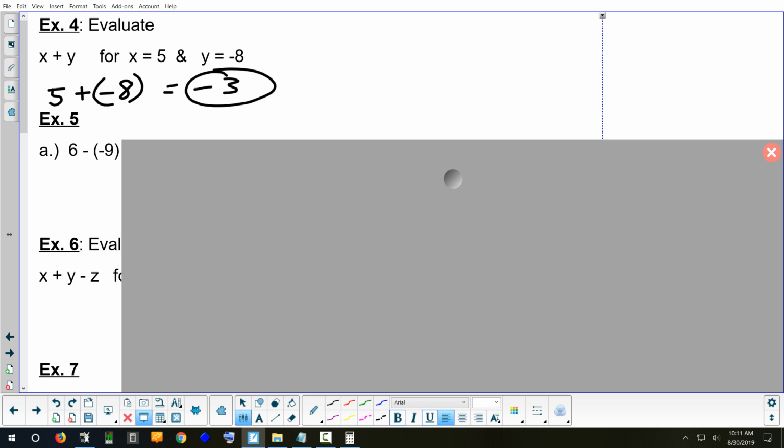What happens there? You're going to minus the opposite of 9. So if you're minusing the opposite of 9, that's really just what? You're supposed to just put the two together and make it a plus. Whenever you subtract the negative, it just becomes a plus. That's all that becomes. And 6 plus 9 gives me 15.